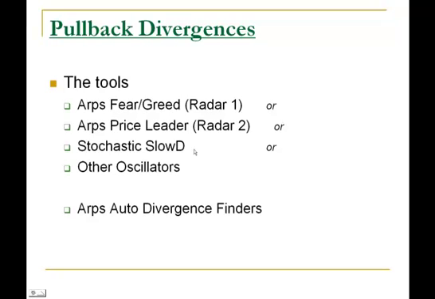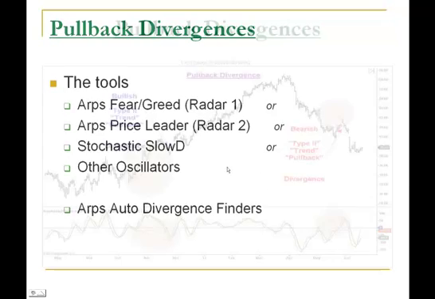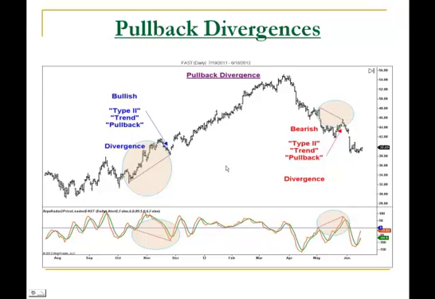The stochastic slow D is another tool that a lot of people use, and CCIs and MACDs and other more common oscillators are used by those that have them. I'll show you shortly the Arps Auto Divergence Finder, which identifies these divergences in as real a time as a divergence can be identified.